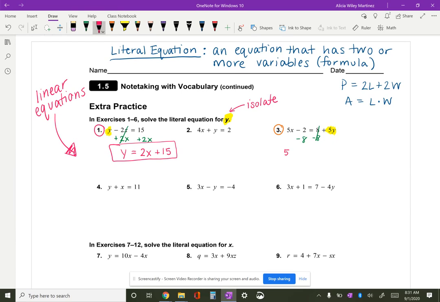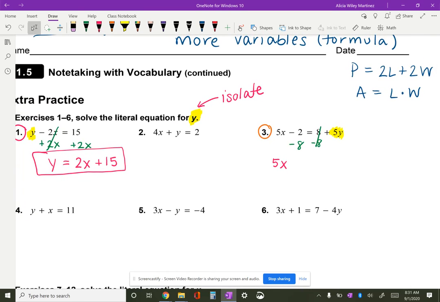I'm just going to bring it down. Okay. And I also have a negative 2 there. Negative 2 is a constant, and it is a like term with negative 8 because negative 8 is also a constant. Remember, constants do not have variables. So I can actually combine those two terms to give me negative 10. And that is going to equal 5y.